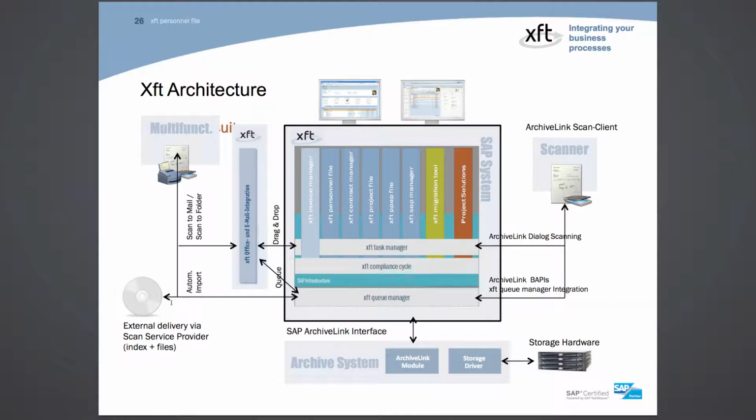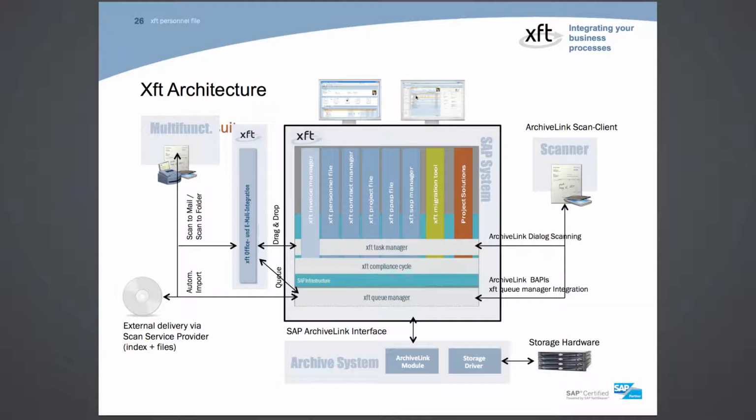So what makes a complete installation? This graphic is a bit busy, but it shows you all the components that make a complete integration. Now, XFT offers a number of additional solutions, those you see in here, but we've been just talking about the XFT personnel file. It relies on the task manager, our compliance cycle, and our queue manager, and those functions interface with multifunction devices, with external service providers that make files available through CD or FTP upload, with local scanners, desktop scanners, department scanners, mailroom scenarios.